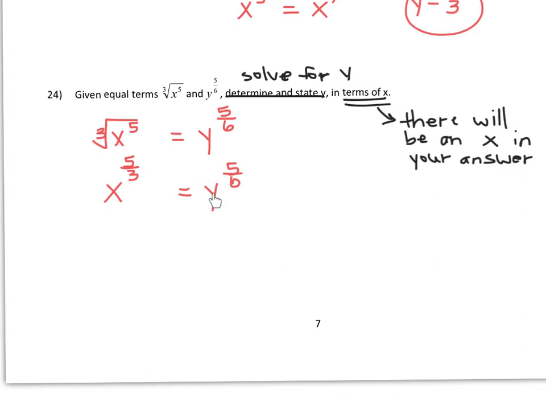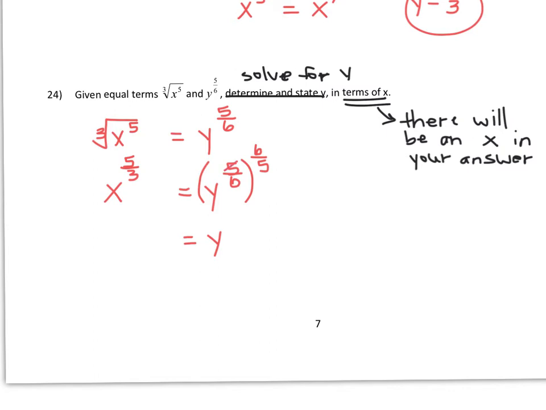So if I want this to say y to the 1st power, I can take this side of the equation and raise it to the reciprocal power of this. Reciprocal means to take it and flip it upside down. Because, think about it, if I multiply 5/6 by its reciprocal, wouldn't that leave me with 30 over 30, which simplifies to 1, right? So that'll leave me with y to the 1st power, which is what we want, which is just y, right?